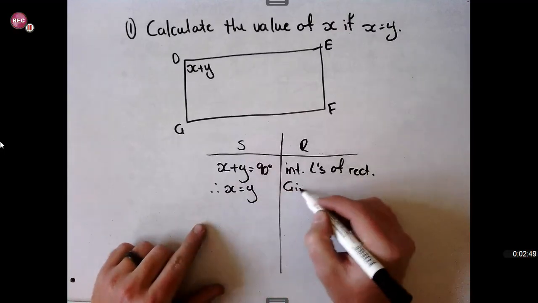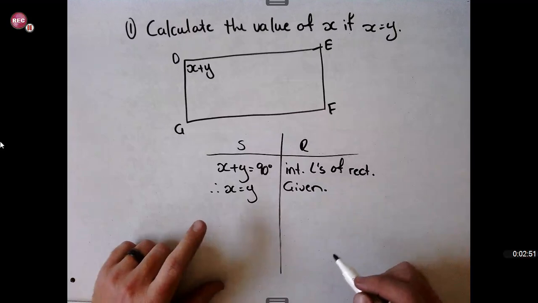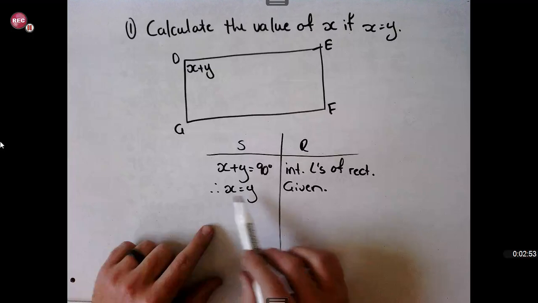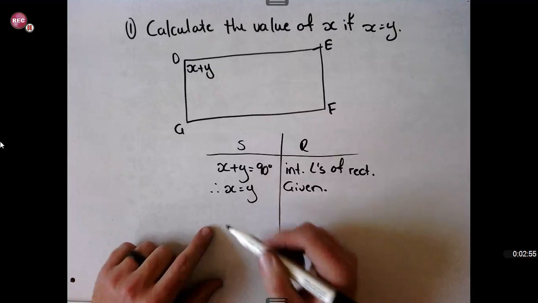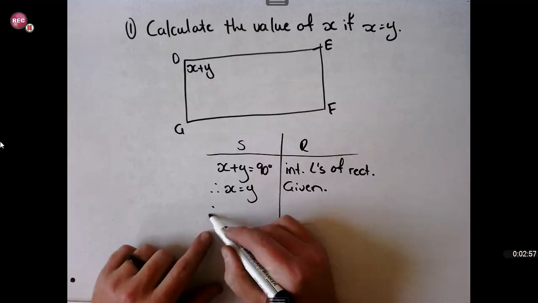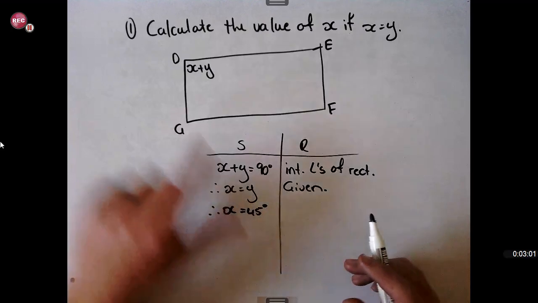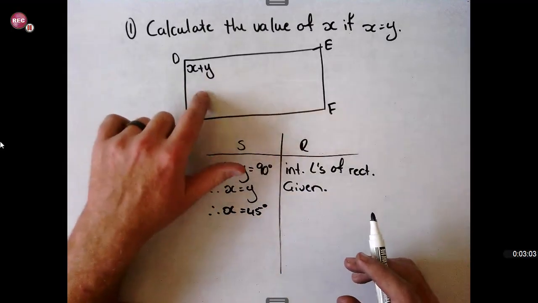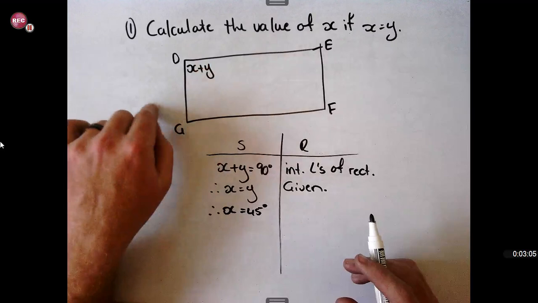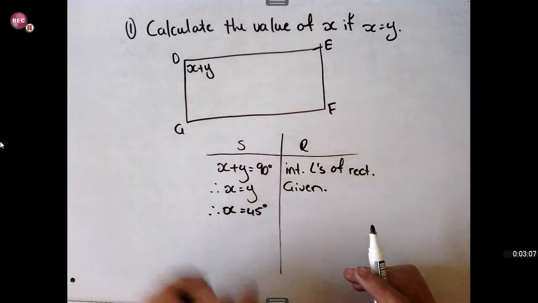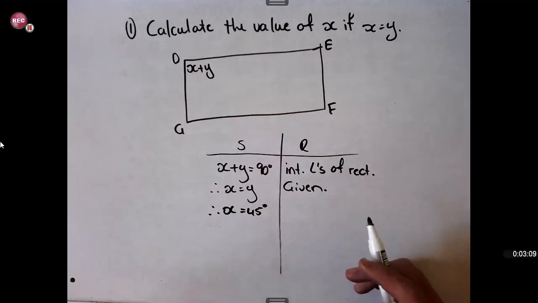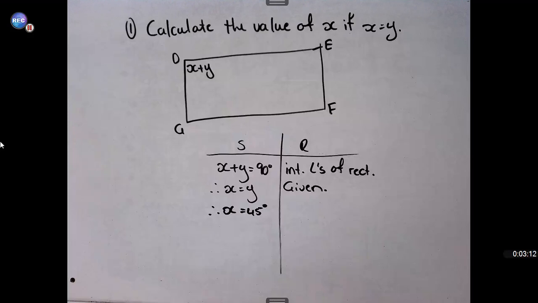That was given to you in the question. So therefore, because x is equal to y, it then means that x is equal to 45 degrees. So x and y together, if you add them together, they should give you the 90 degree angle over there. Okay, and that is how you solve this question given to you.